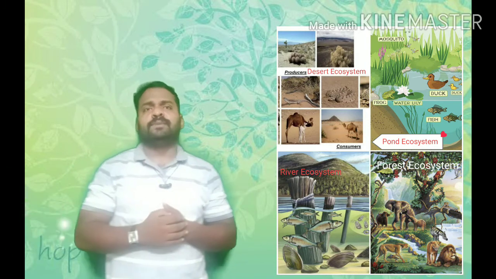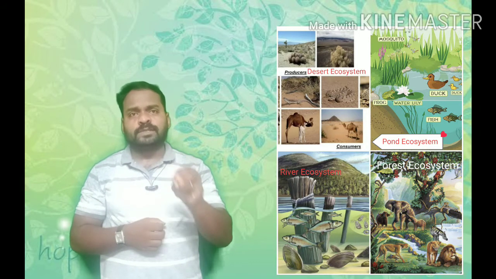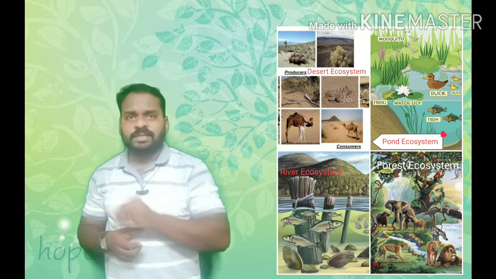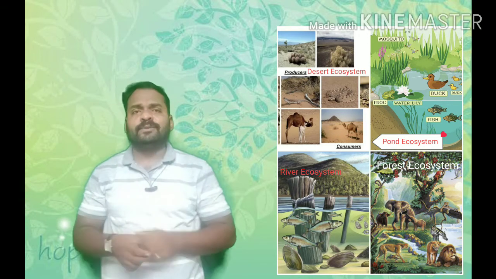In terrestrial ecosystems also, the animals and plants present in the desert ecosystem, in the forest ecosystem, or in the grassland ecosystem are different.